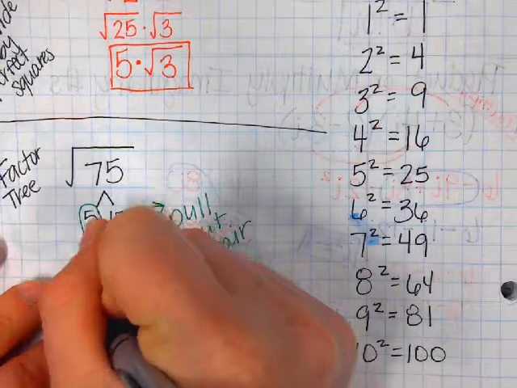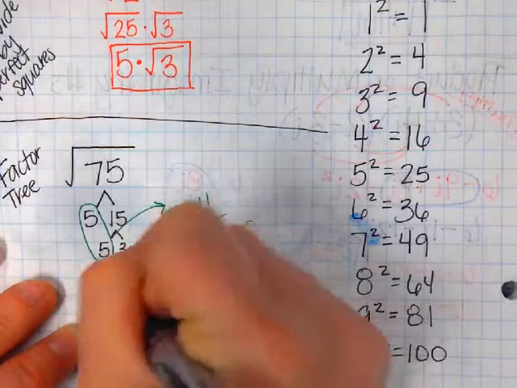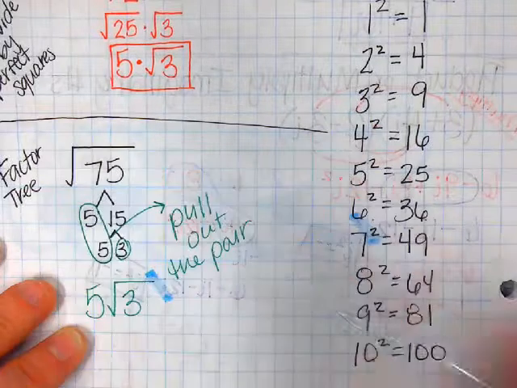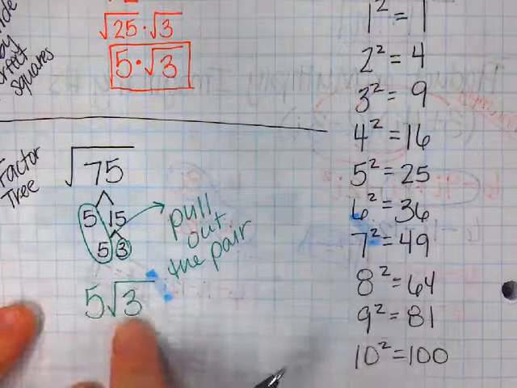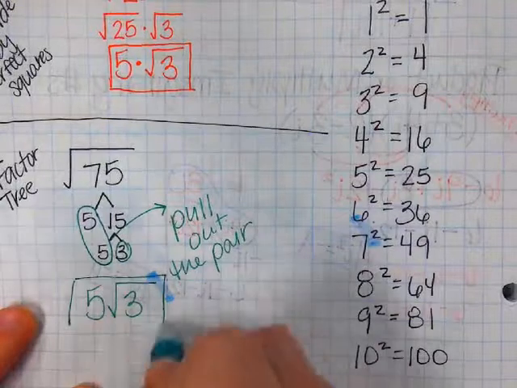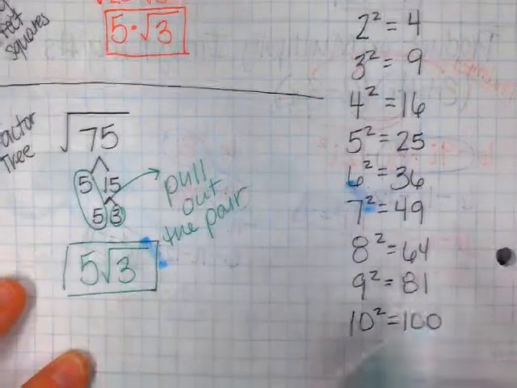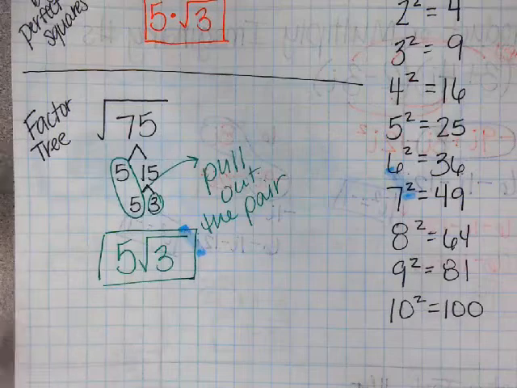So 5 is out, and then 3, since it was inside and it's by itself, there was no other factor like it, it just stays inside. So 5 square roots of 3.